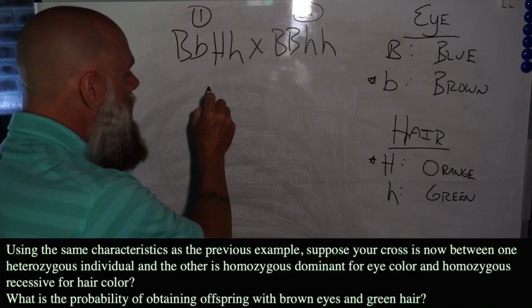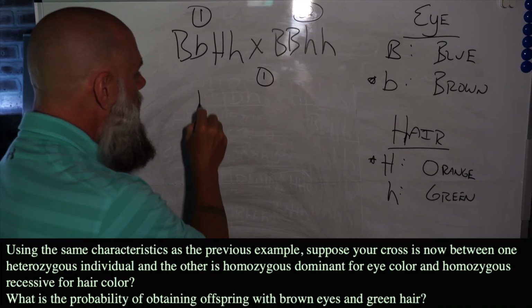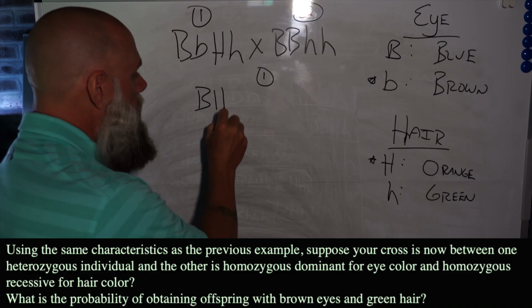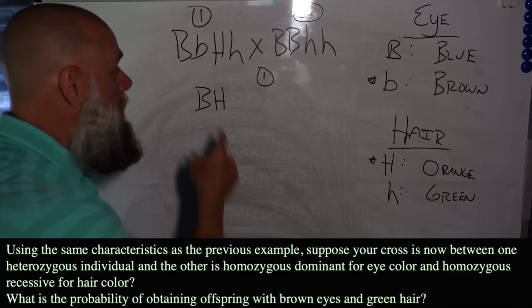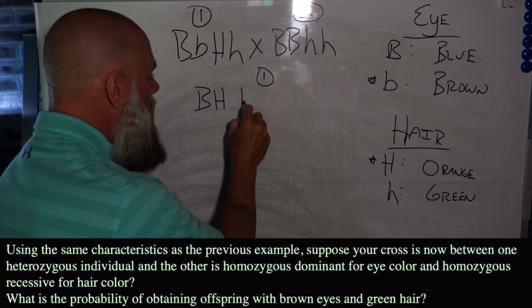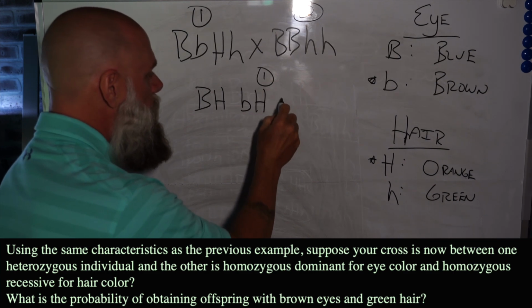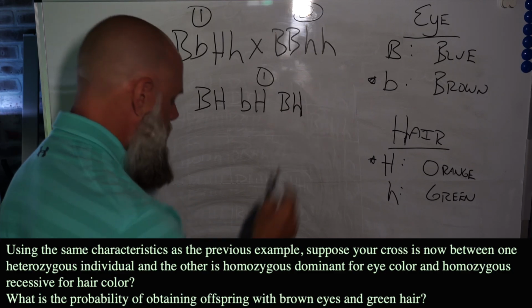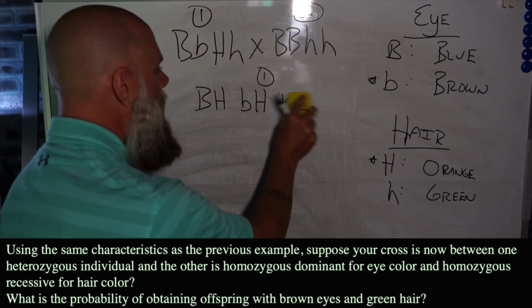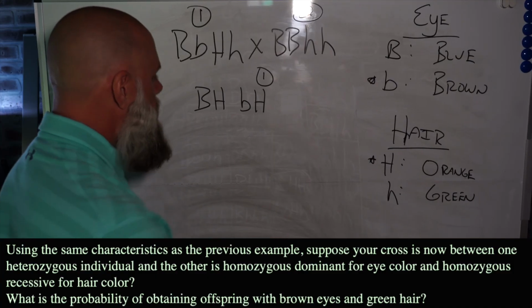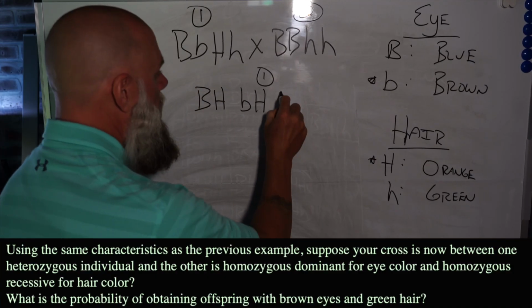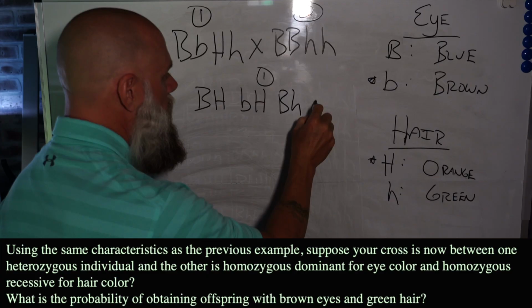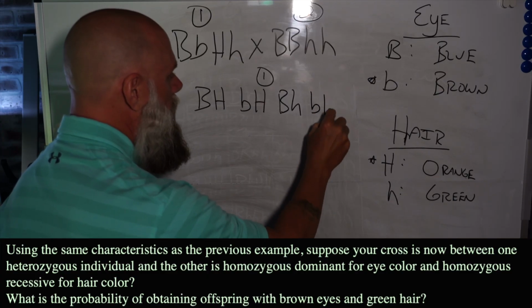Now up here, for organism number 1, everything is still the same. So you can have both capital B and capital H, lowercase b, capital H, capital B, lowercase h, and then we have lowercase for both.